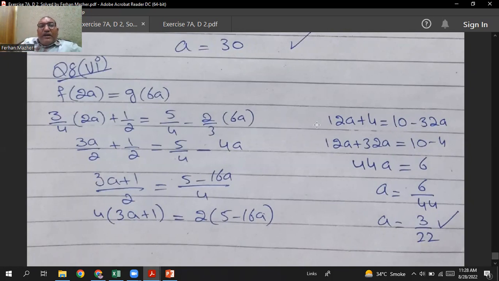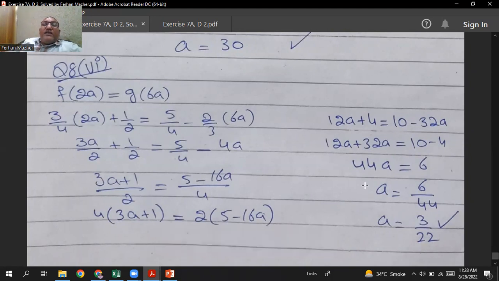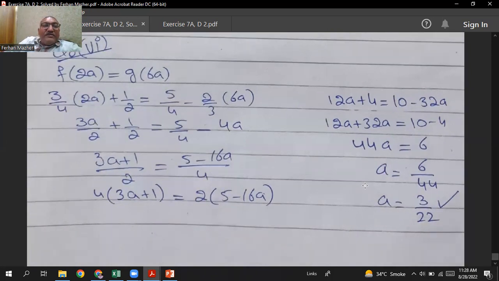So 12a plus 32a is equal to 10 minus 4. 44a equals 6, and a will be 6 by 44. So a will be 3 by 22. So that's the sixth part. So my dear students, this exercise is completed.